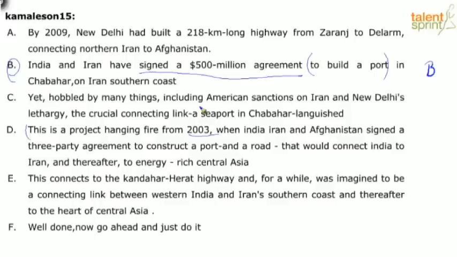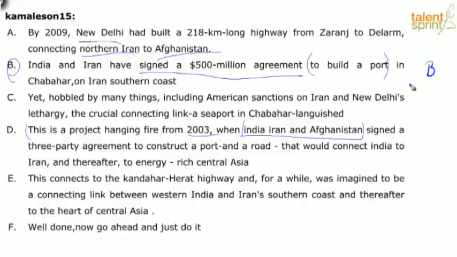So I have all three components, India, Iran, and Afghanistan, right? Here we're talking about India building something from Zaranj to Delam, connecting northern Iran to Afghanistan. So the project started way back in 2003. By 2009, this is what is happening, right?